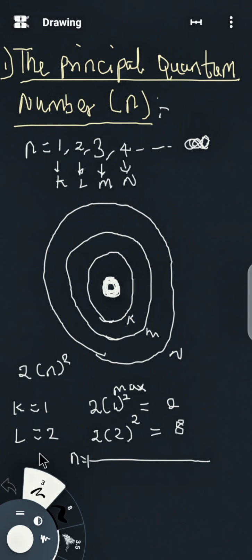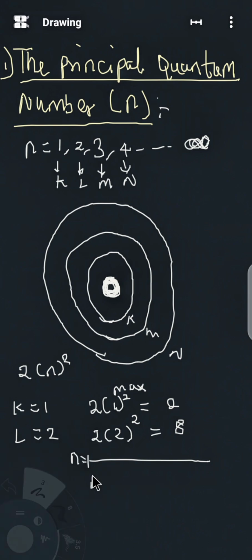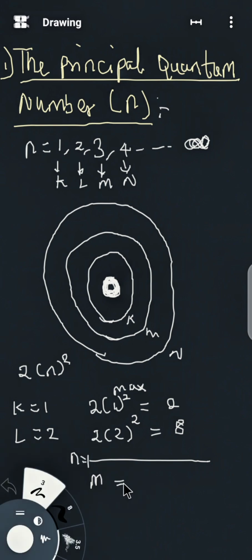And the list goes on. We can do that for the M shell: 2 times 3 squared, and we have 18 when we do the math. So these figures are the maximum number of electrons that a particular shell is permitted to have.